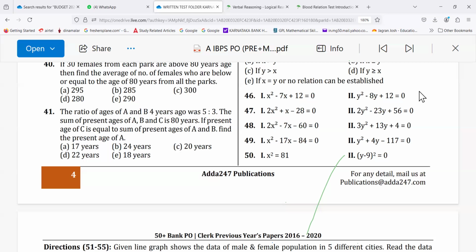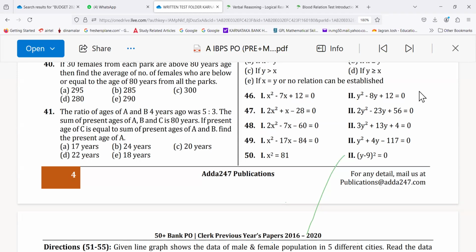Here the important point is the ratio of ages 4 years ago. That is a point to be remembered. So if the present age of A is X, then X minus 4; if the present age of B is Y, then Y minus 4; the ratio is 5 by 3.